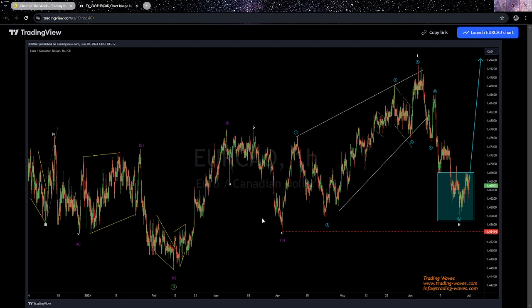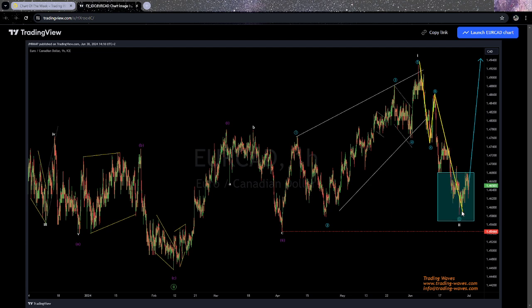has been EuroCAD. With EuroCAD, we were simply looking for this one to have just made a three-wave move structure here. I will show you another day how we focus on this three-wave move, but we're just showing you that this was ready for a big move to the upside.